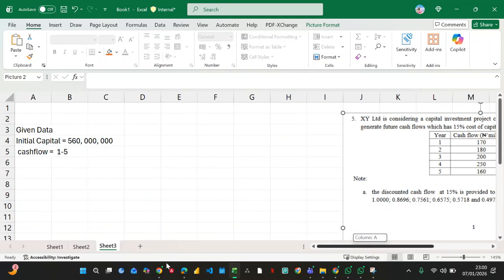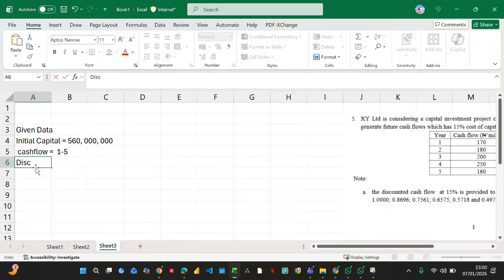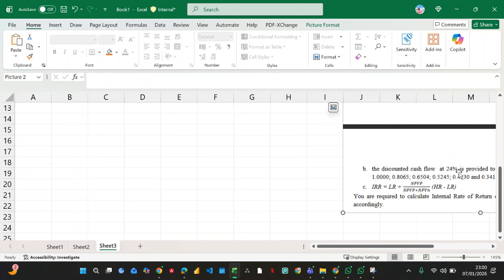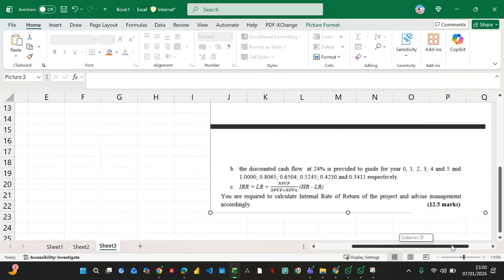We say our discount factor at 15% is all the values that we have there. You can list all these values. Then we also have another discounted cash flow at 25%, which is also given for the 5 years.